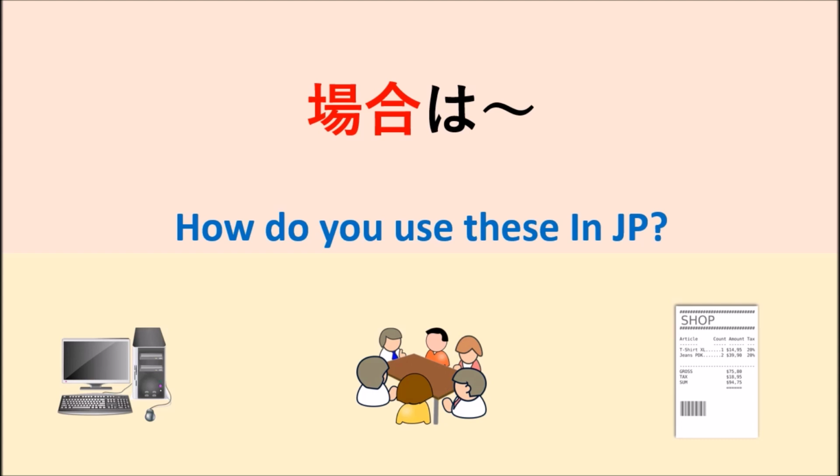Actually, when we want to make a sentence by using "case" or "in the case," we use Baaiwa. Or if we want to create a sentence by using "if," we can use Baaiwa to explain the situation.